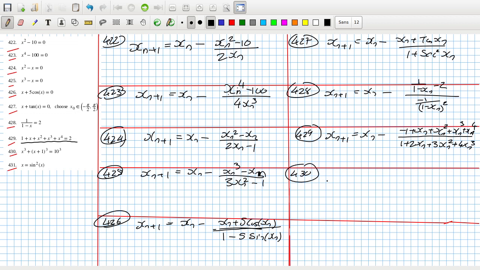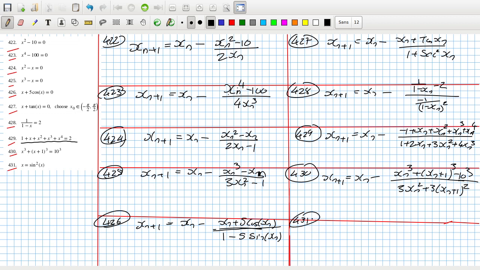430: x_{n+1} = x_n minus (x_n cubed plus (x_n plus 1) cubed minus 10 cubed) over (3x_n squared plus 3(x_n plus 1) squared).